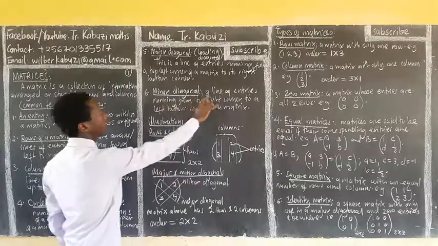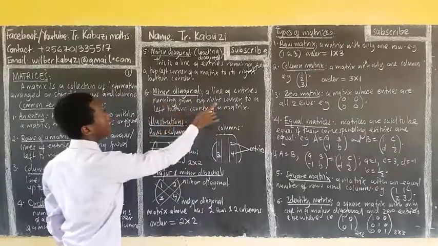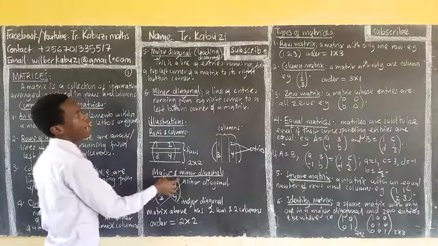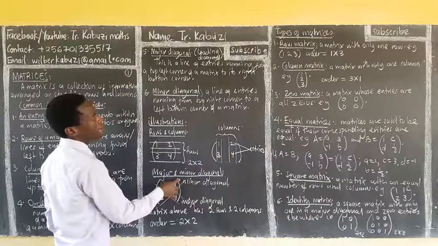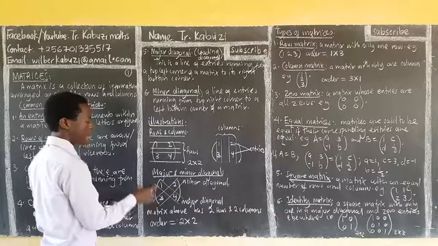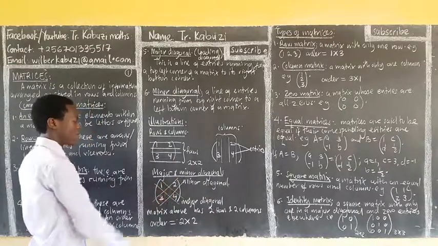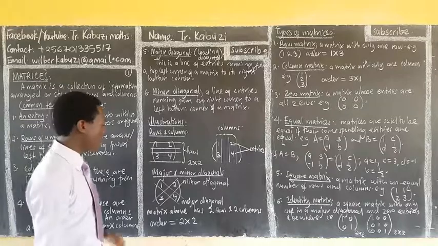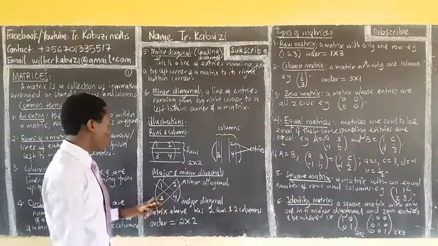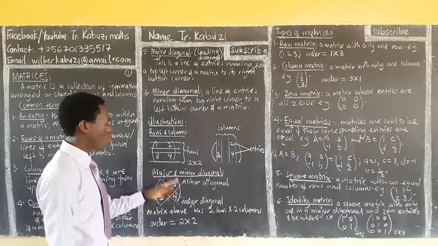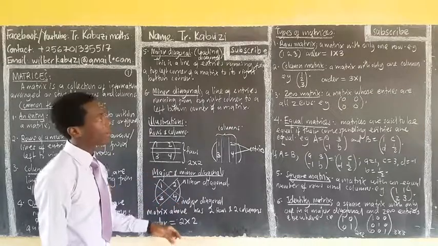Then the minor diagonal is a line of entries running from the top right corner to the bottom left corner of a matrix. You see from here up to here. This one is what we call a minor diagonal. Of course, this one is of order 2 by 2 because we have two rows and two columns. We are going to see different orders, don't worry.